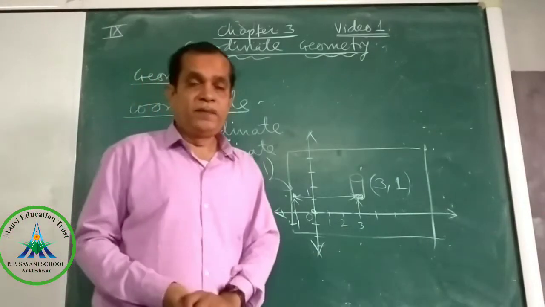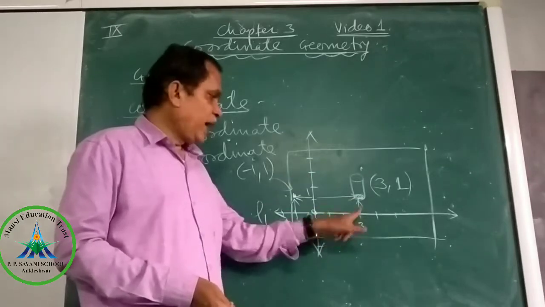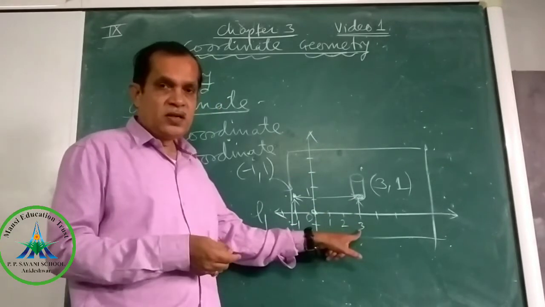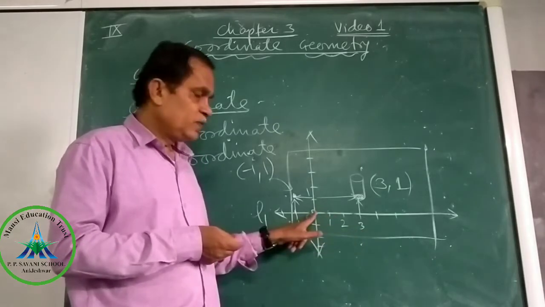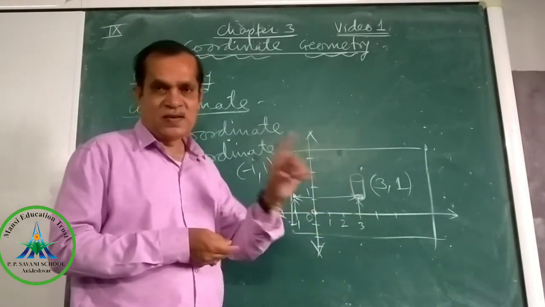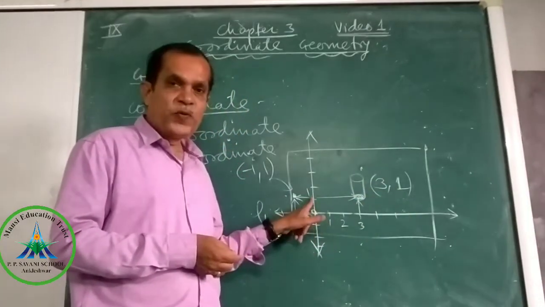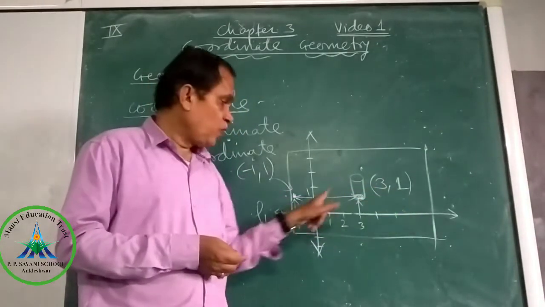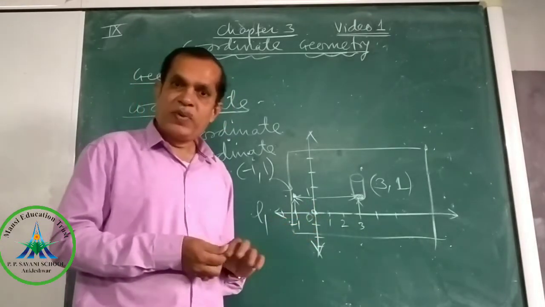Again, listen properly. What does the x coordinate indicate? X coordinate 3 indicates 3 units away from the y-axis. The y coordinate 1 indicates 1 unit away from the x-axis. Remember it.